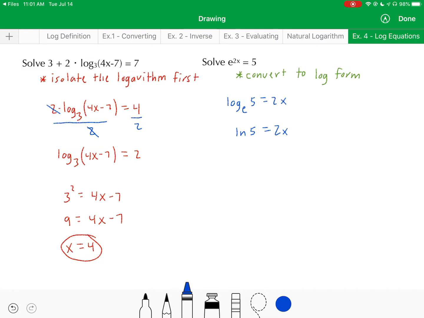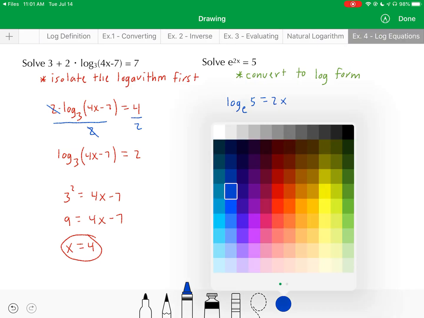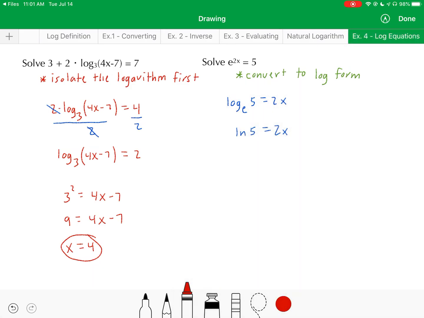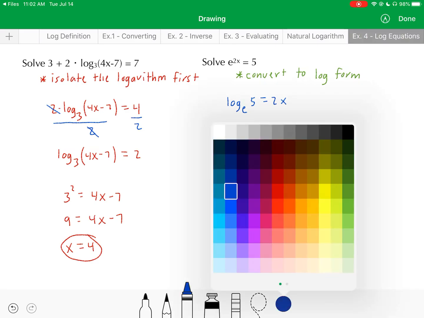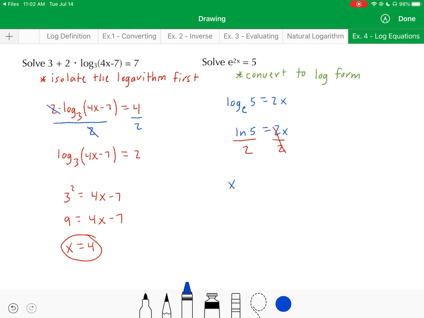It represents that power. We're just leaving it as the natural log of 5 right now because that's its exact form, its exact value. So I can solve for x by simply dividing both sides by 2, and if I want to stay exact, I can say that x is equal to the natural log of 5 divided by 2.